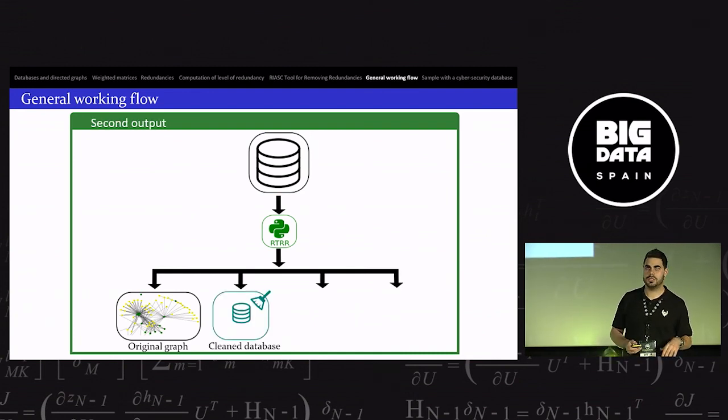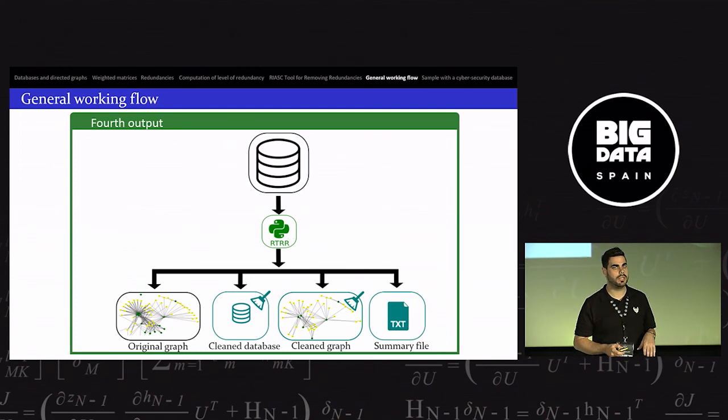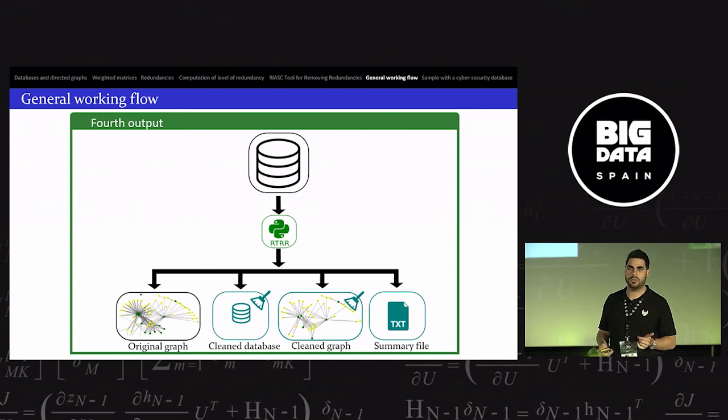The second one is a new clean database, without the types of redundancies the user wants to remove. The third one is a graph that corresponds to that clean database. And finally, a report that gathers all the information about the redundant variables that we have removed, and also information on the level of redundancy that we have just eliminated.